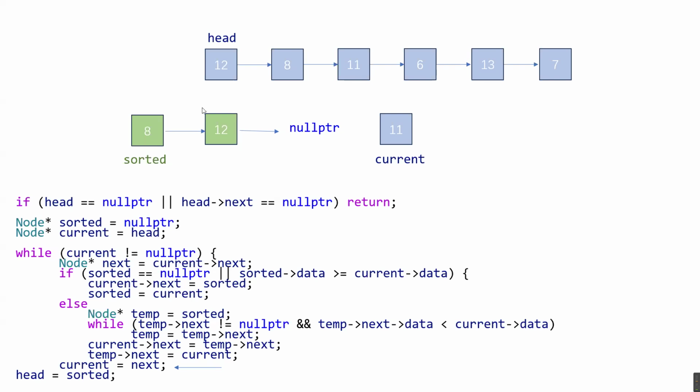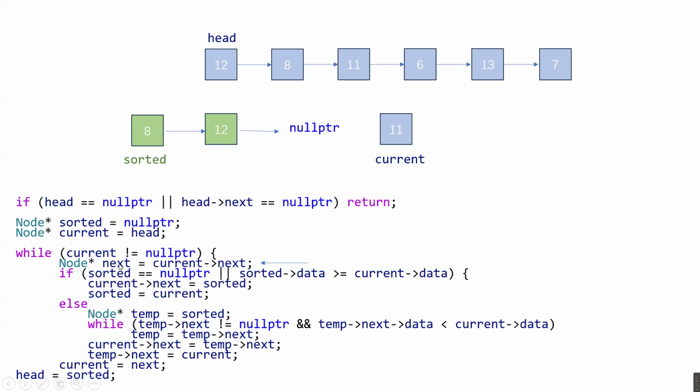So currently we have the ordered sequence, and we have also recorded the first element of the unsorted sequence, right? Next we continue back to the while loop, back to this line. The current is also not a null pointer, so we get inside the while loop. We go to this line.